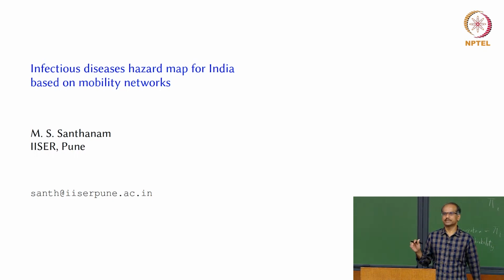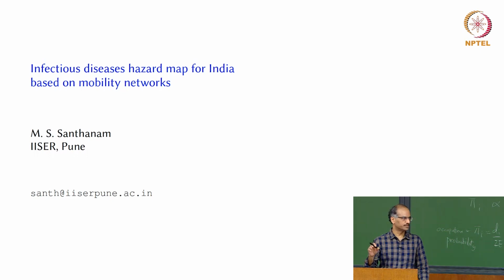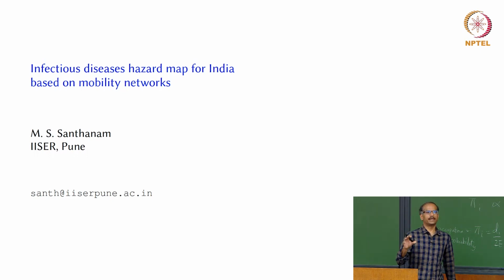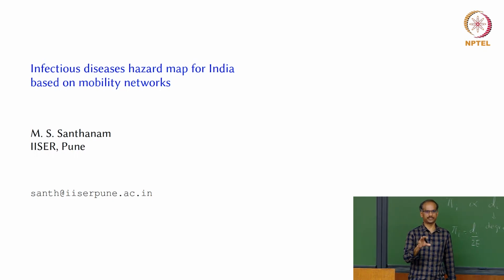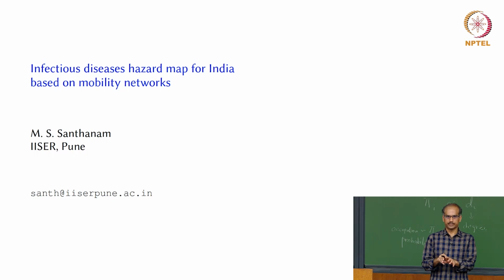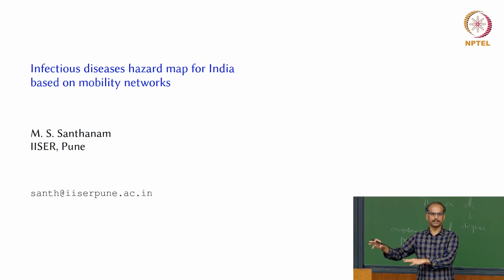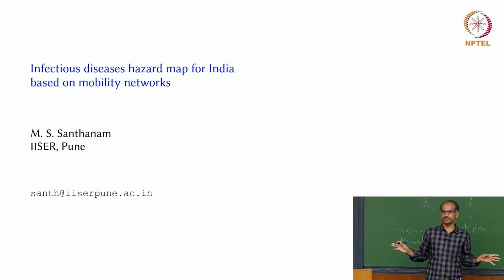So let's say you give an initial condition, something like saying that maybe a city like Delhi has got the first few infection cases. Now you ask the question, if Delhi is the outbreak location, when will say Ahmedabad get it? When will say Chennai get it, or any other place in the country?